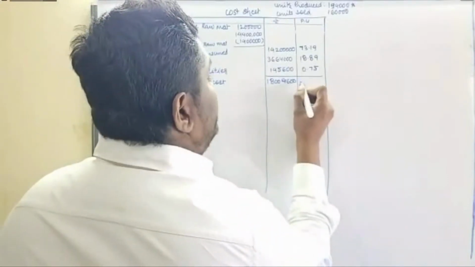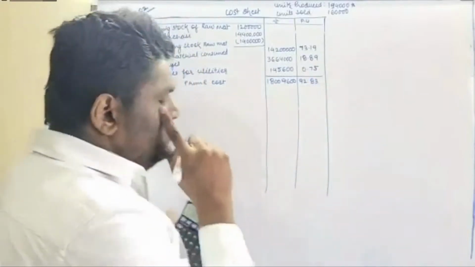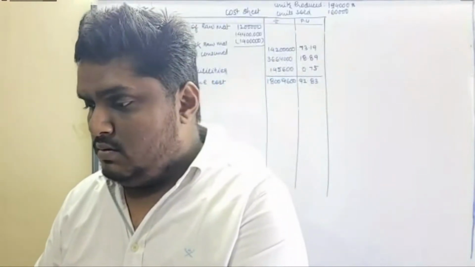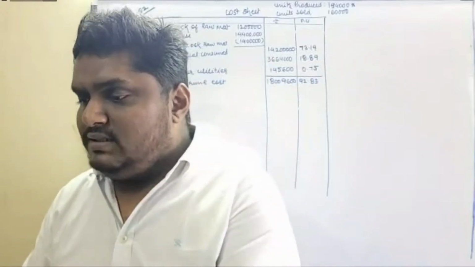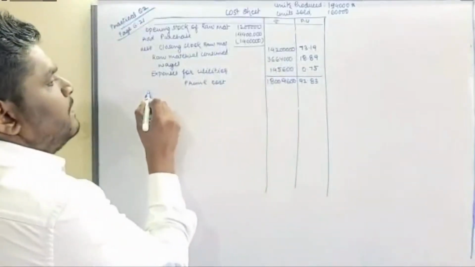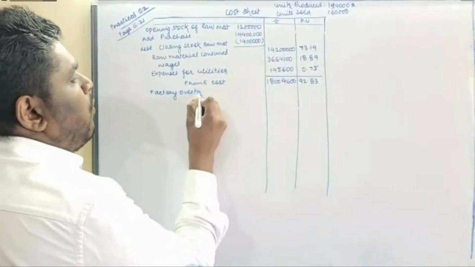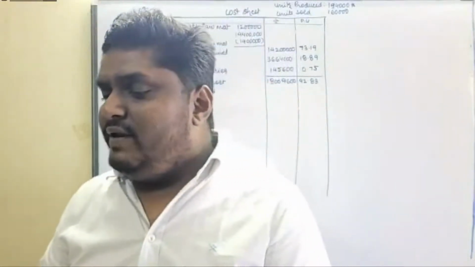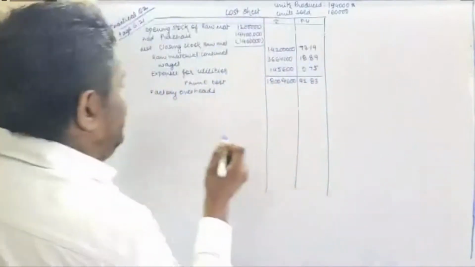This will be 92.83. Now, next is factory overheads. Herein, the hours are given and the absorption rate is given, that is, hours are 21,600 and the absorption rate is rupees 8.